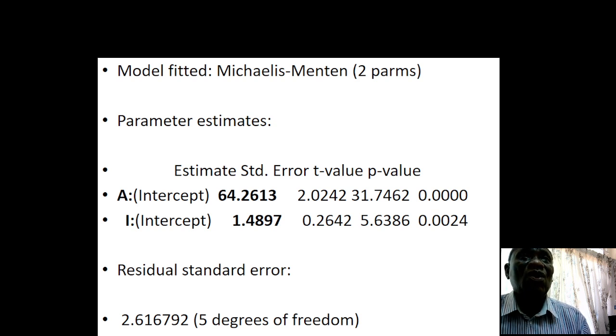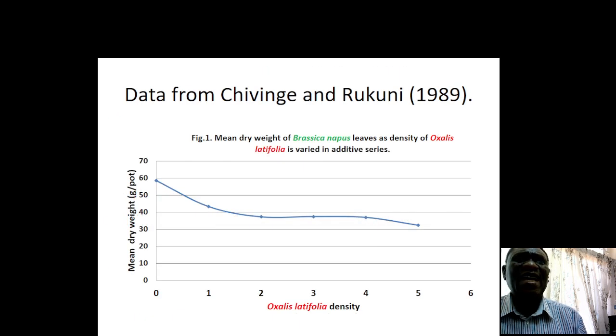So we can allocate these values to Tithonia rotundifolia: A 64, I 1.5. If we do another study with a different weed, we can also allocate it these figures, and we can compare the two weeds to determine how competitive they are, or how harmful they can be to the maize. So if they are growing together, we know which weed to deal with.